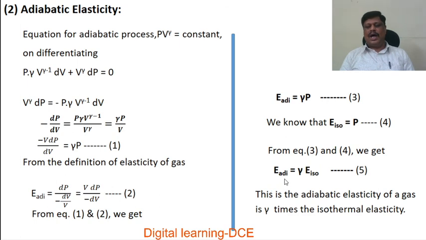This is the adiabatic elasticity of a gas. Thus, the adiabatic elasticity of the gas is gamma times the isothermal elasticity. So this is the relation between the adiabatic elasticity and isothermal elasticity.